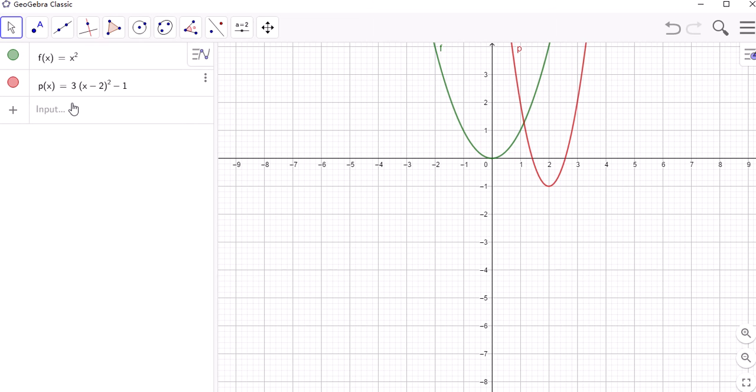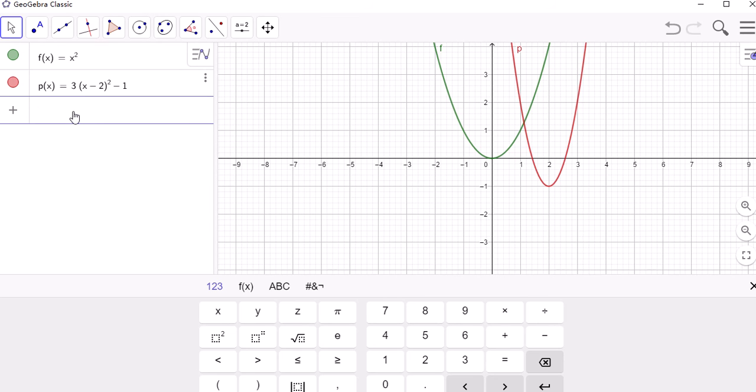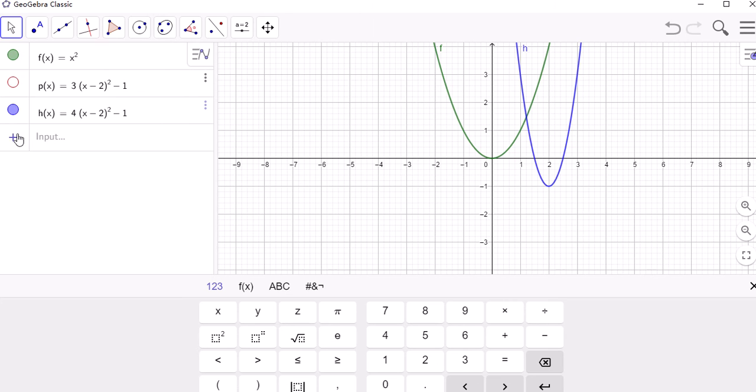Next, h(x) equals 4 times (x minus 2) squared minus 1. And then this is the parabola here, the broad one. We close this one and see only h(x) here, the broad one.